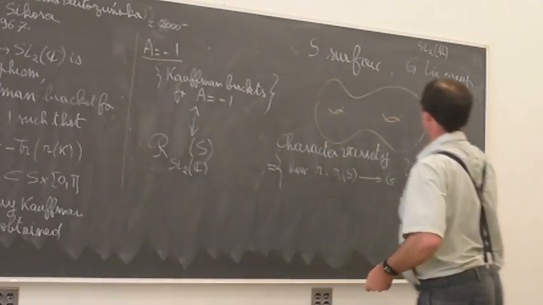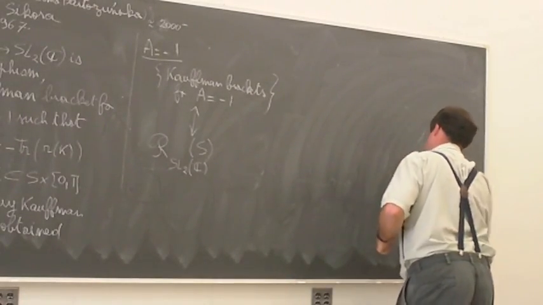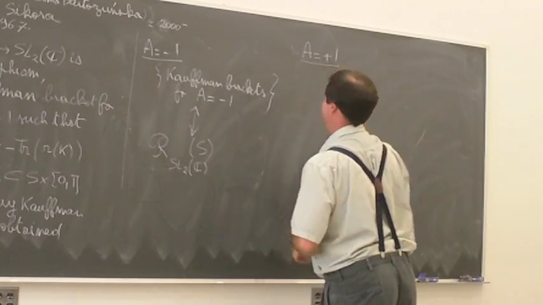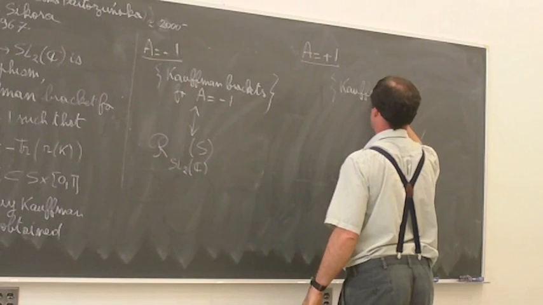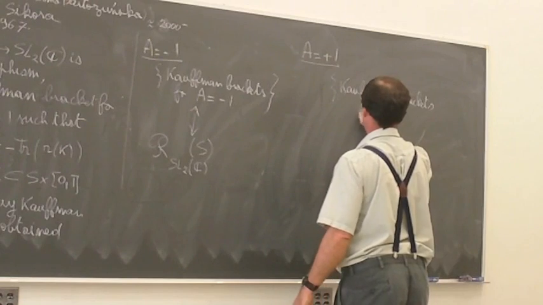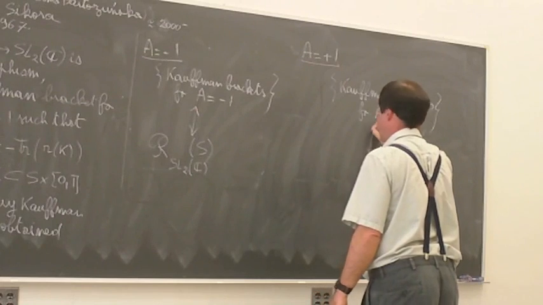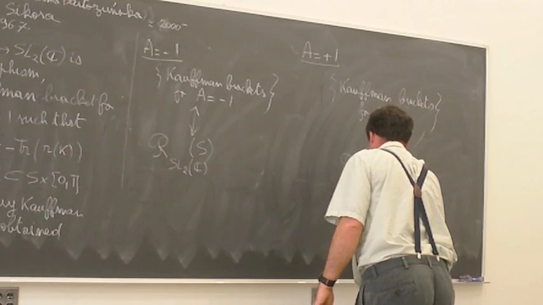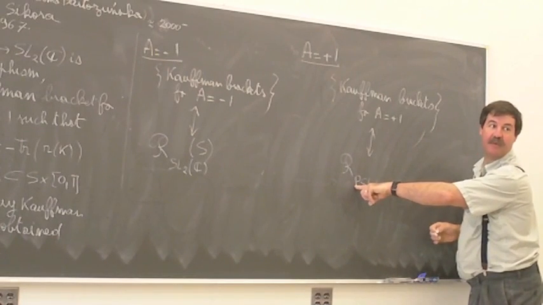Okay? And then we have a very similar result for A equal +1, where we take the corresponding brackets for A equal +1, and it's in one-to-one correspondence with the points in a slightly different character variety where we take PSL2 of C. P means that you're taking the quotient by the center.